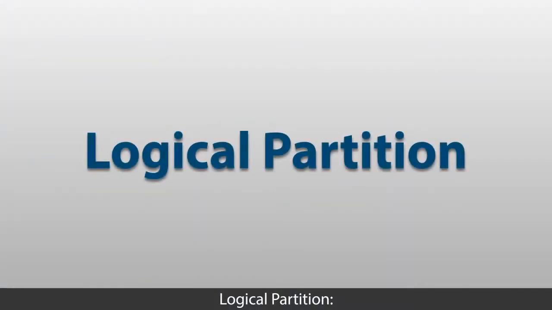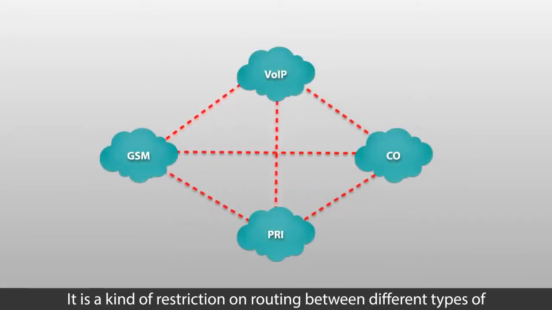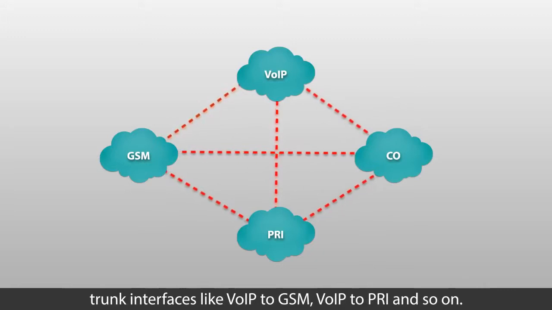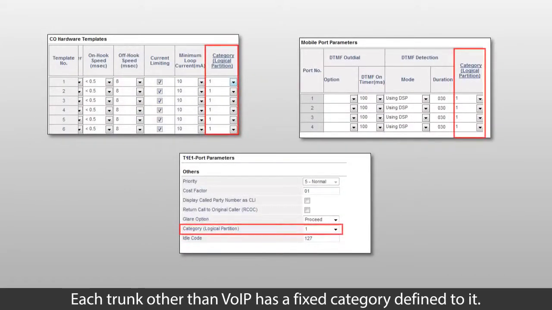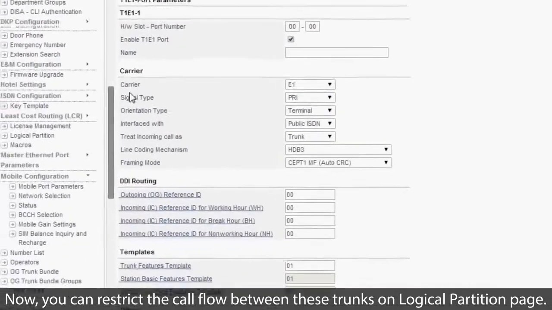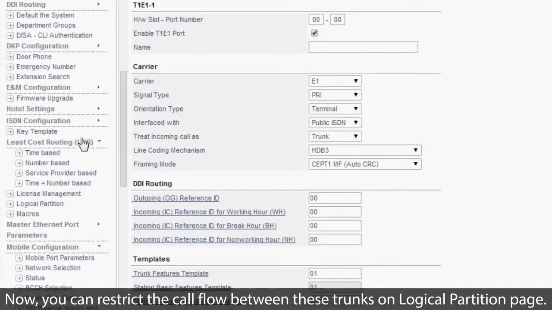Logical partition. It is a kind of restriction on routing between different types of trunk interfaces like VoIP to GSM, VoIP to PRI, and so on. Each trunk other than VoIP has a fixed category defined to it. Now, you can restrict the call flow between these trunks on logical partition page.